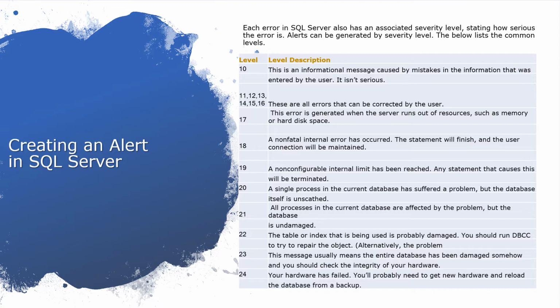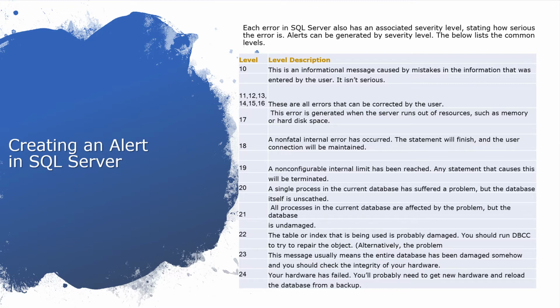The below lists the common levels. Level 10: this is an informational message caused by mistakes in the information that was entered by the user. It isn't serious.